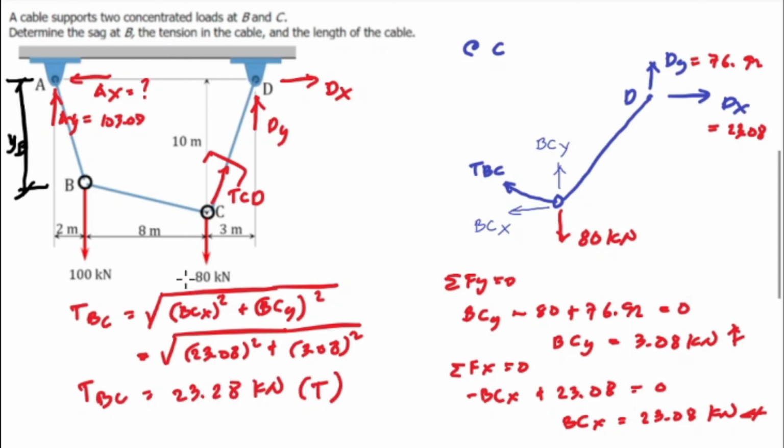So we have now the value for BC, which is 23.28, the value for AB, which is 103.63. Next, we have CD.